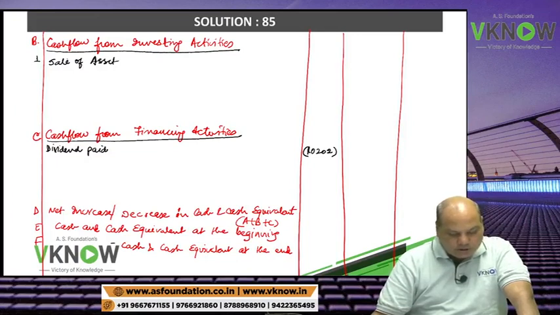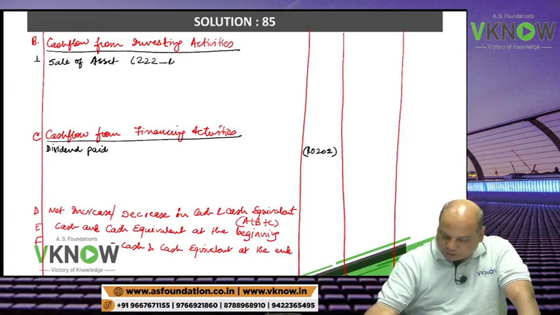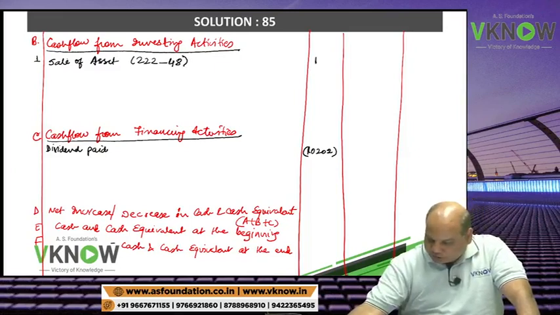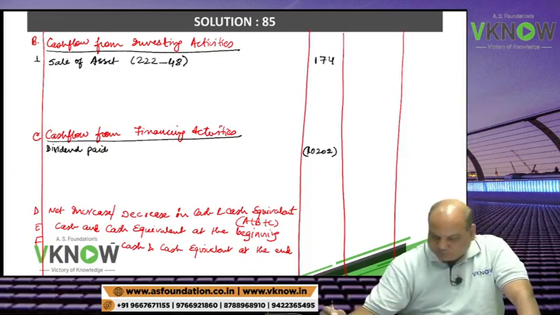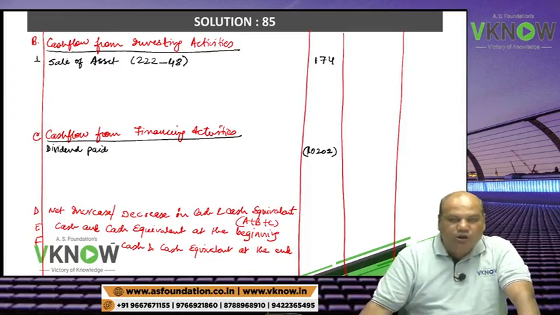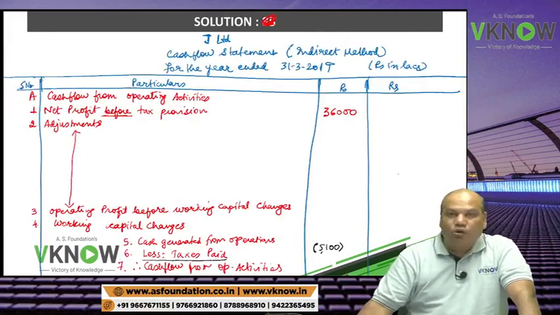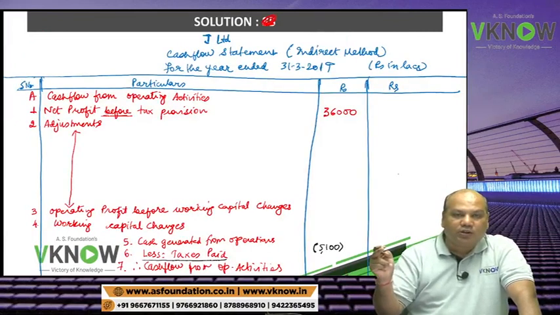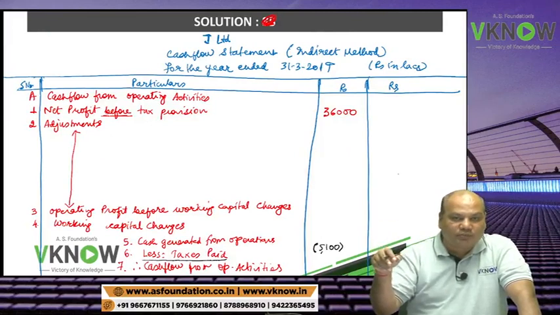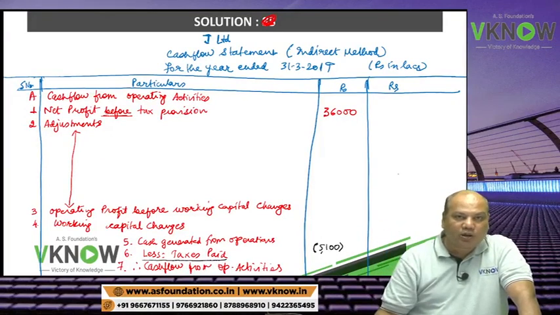Sale of asset is cash flow. So when the book value is 222 and the loss is 48, the actual cash inflow is 174, and this loss on sale of asset is a non-cash item debited to P&L account.